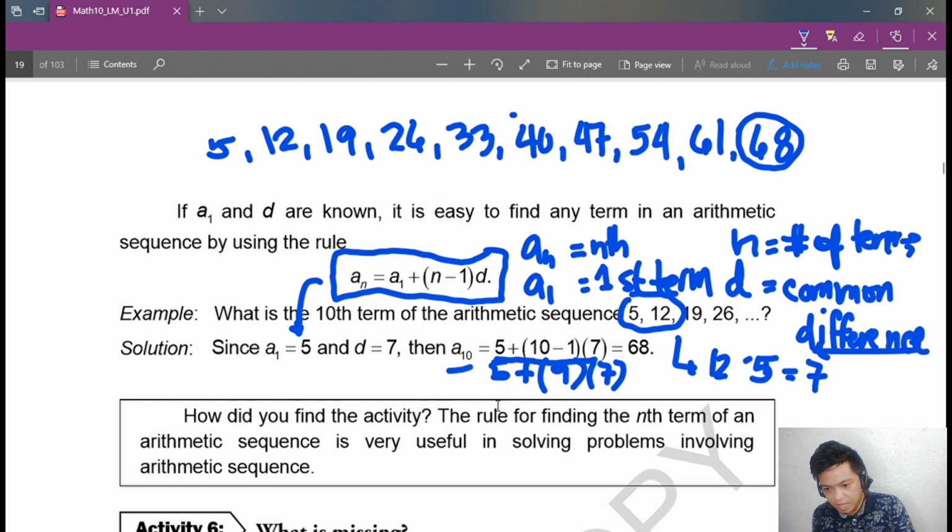So, a sub 10 is equal to 5 plus 9 times 7. 9 times 7 is 63, tama? And the last one is, you add. So, a sub 10 is equal to 68.